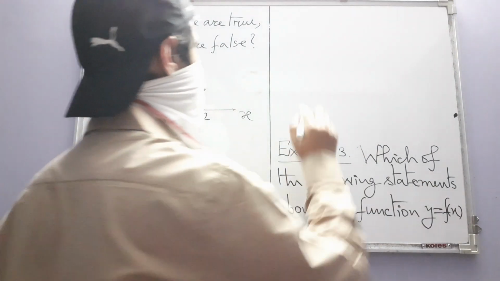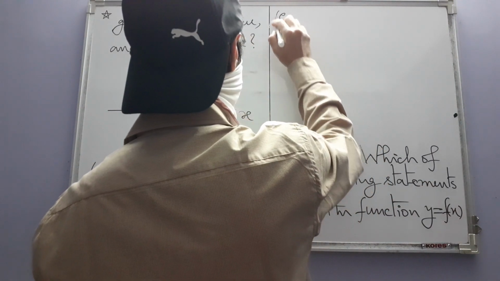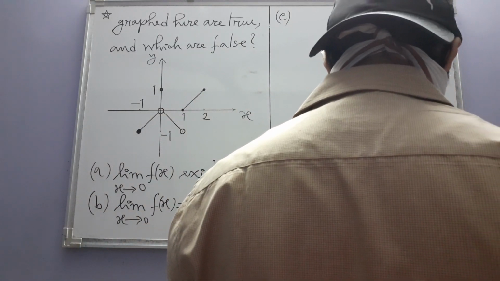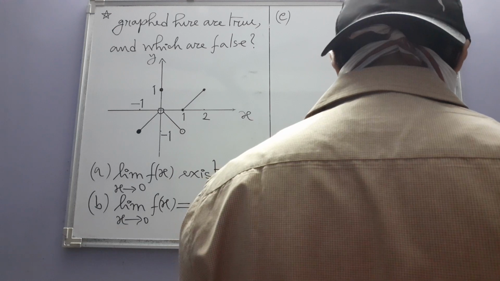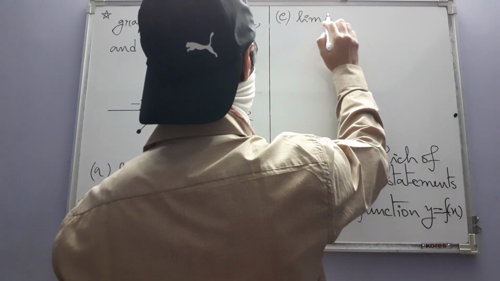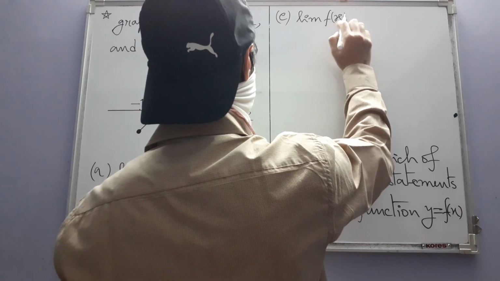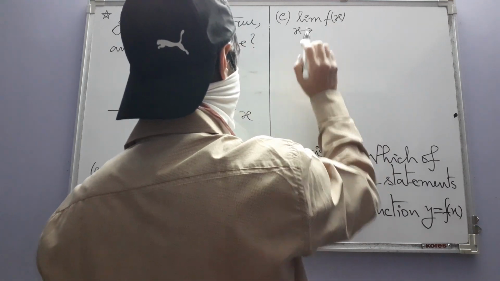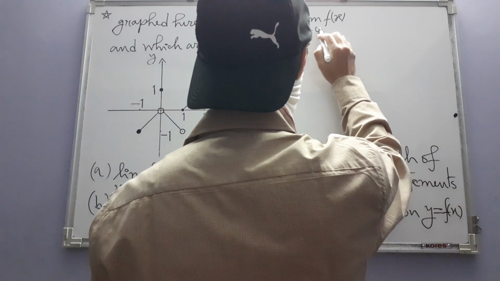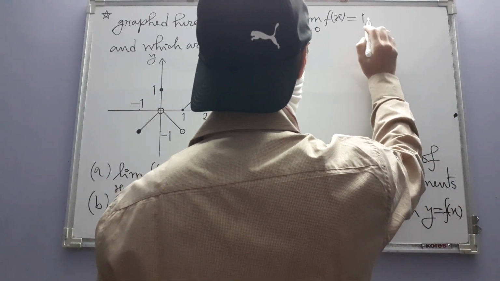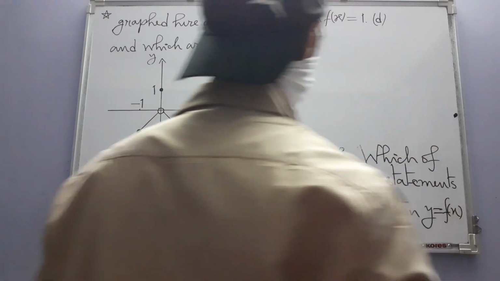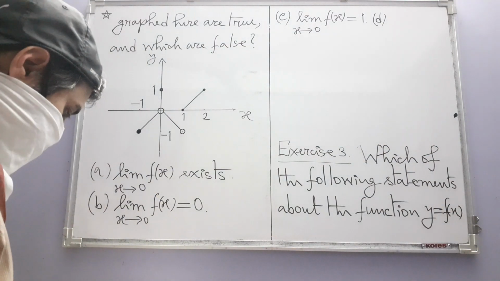Then part C. Limit of f of x as x tends to 0 is 1. Okay, let me write part D here itself so as to save some space.